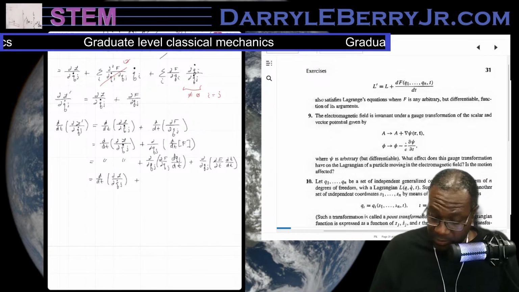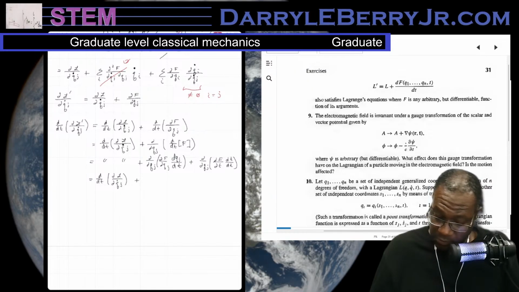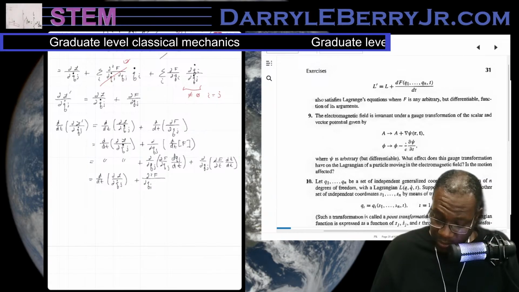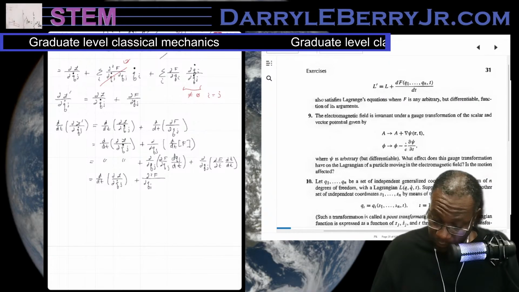So looking at the solution here, partial squared f over partial q_j is partial q_i partial q_j.